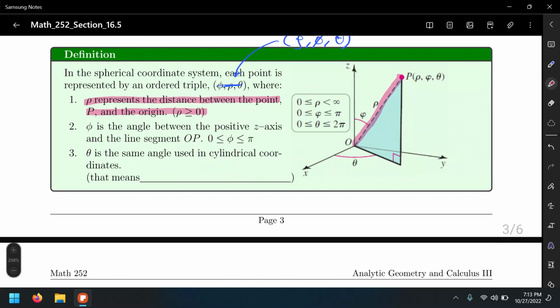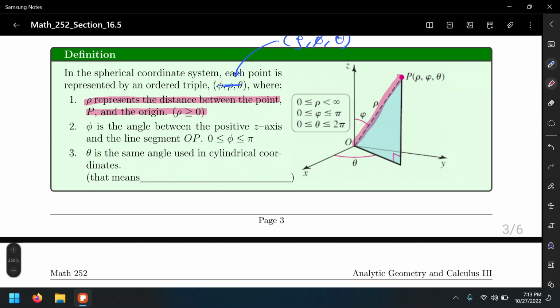And what about theta? Theta is going to be exactly the same angle as in cylindrical or polar, because in this case, again, we have a solid. We need to understand what's going on in the xy plane, that is, the floor of the solid.